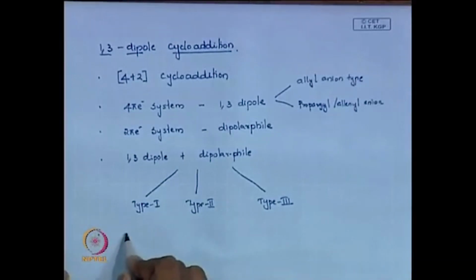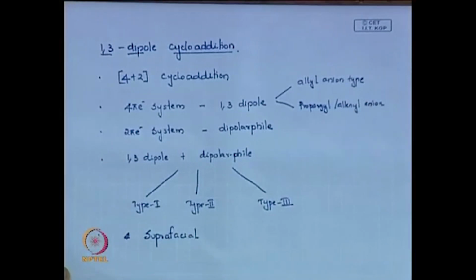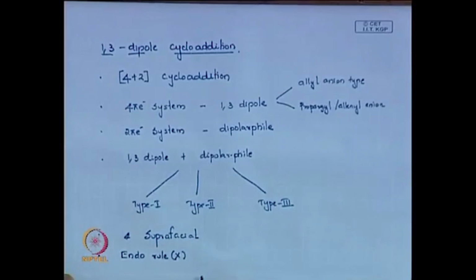Another thing you watched upon is that it is suprafacial. It undergoes a suprafacial cycloaddition similar to your Diels-Alder reactions. The main point is that the endo rule does not work here. Okay.